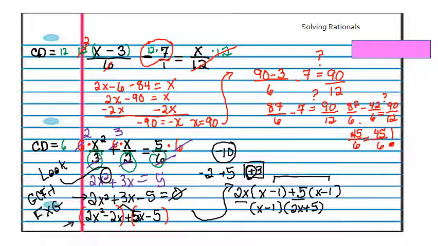We're going to set both of those to 0. X minus 1 equals 0. And 2x plus 5 equals 0. Why do we factor? We factor so that we can go find x. So the first x is going to equal, opposite sign, a positive 1.